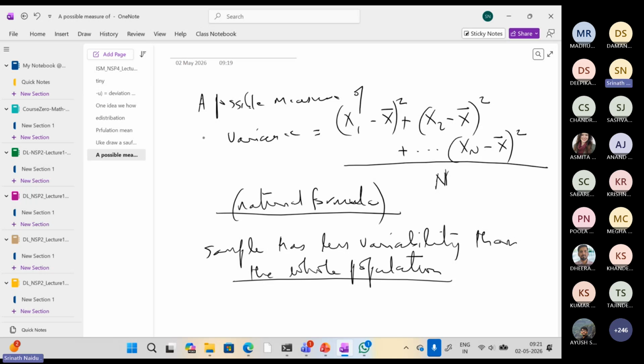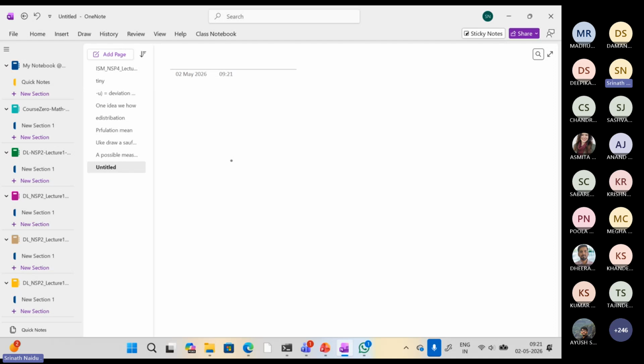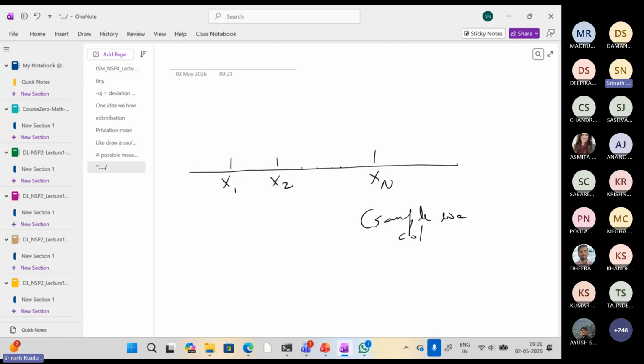Right? So to show it graphically, if I have x1, x2 up to xn, this is what I actually collected. This is a sample we collected. And where is x bar? X bar is here. It sits somewhere in the middle.